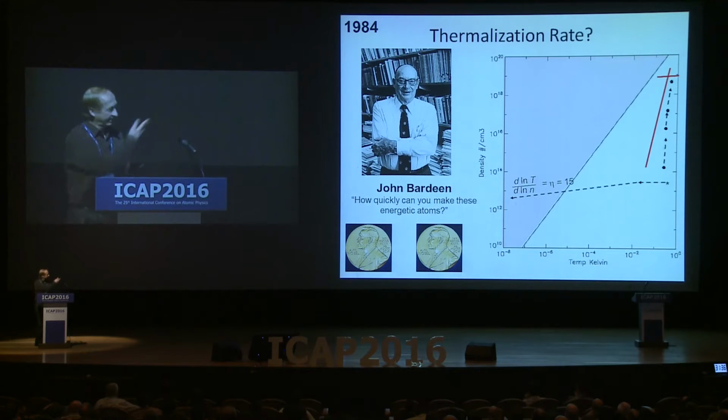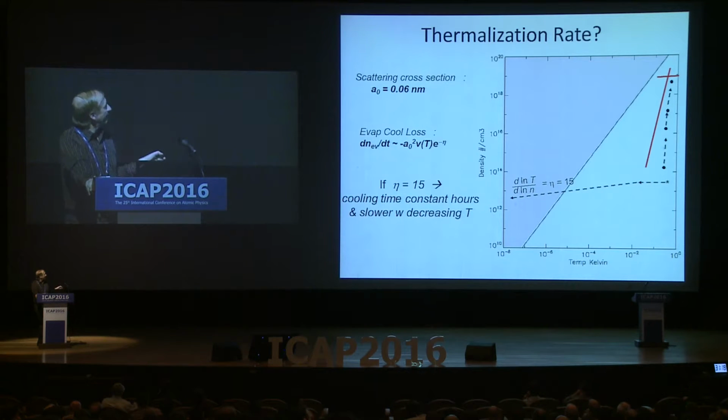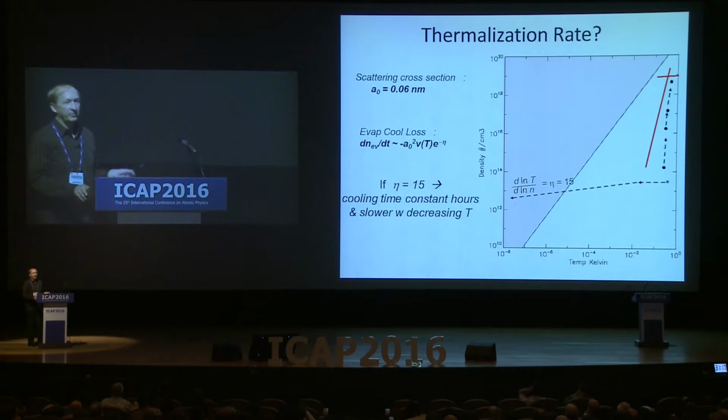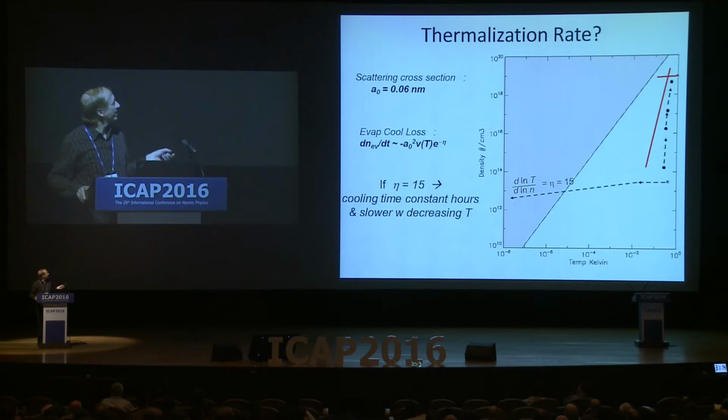And I explained this idea. And he considered it. It's very quiet. And then asked one key little question. How quickly can the gas make these energetic atoms? So that sort of stopped me there for a second. And you see, well, okay, the cross-section is going to be less than a nanometer square, and you actually have to generate a lot of S-wave collisions to eventually generate the atom which has enough energy to go over that barrier with many, many kT of energy.